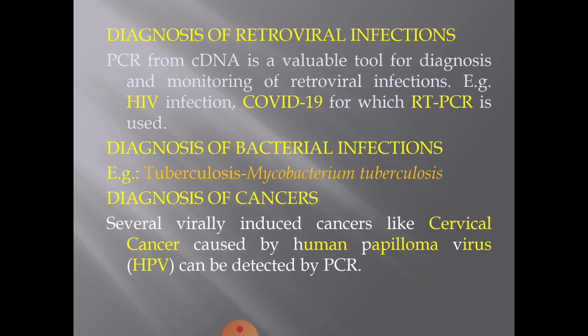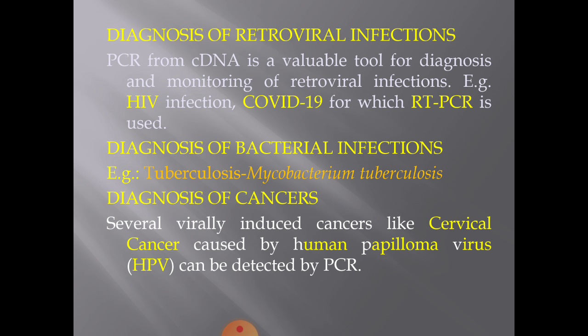Then, diagnosis of retroviral infections. See, here is a case where you can do PCR from cDNA, that is complementary DNA, which forms a valuable tool for diagnosis and monitoring of retroviral infections. Please note, these retroviruses will have RNA as the genomic material.